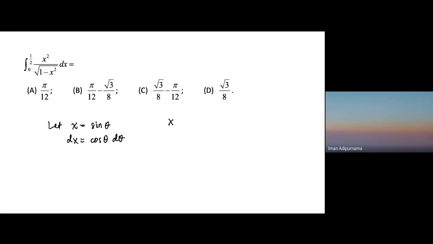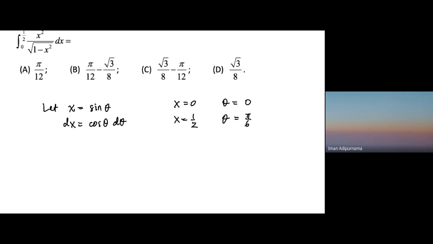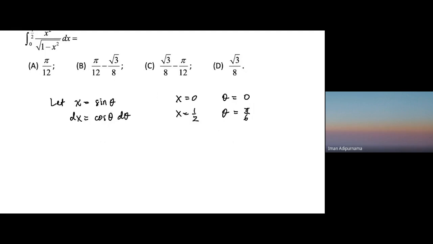So when x is 0, theta is 0 based on sine 0, right? And when x is half, then theta, sine resulting in half, will be pi over 6, right? So we can rewrite the integration from 0 to pi over 6.